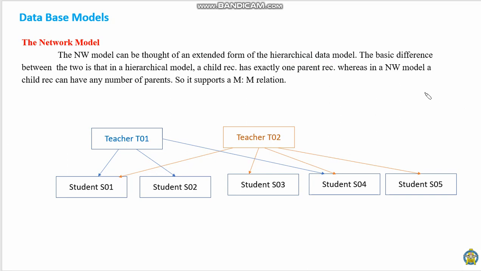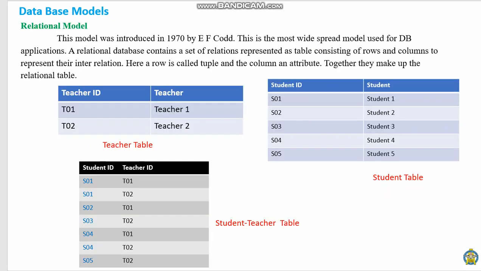Now the third, which is most commonly used and most popular, is called the relational data model. This is the model that was developed in 1970 by C.F. Codd. Here data is represented as a table. The data is represented in terms of rows and columns.